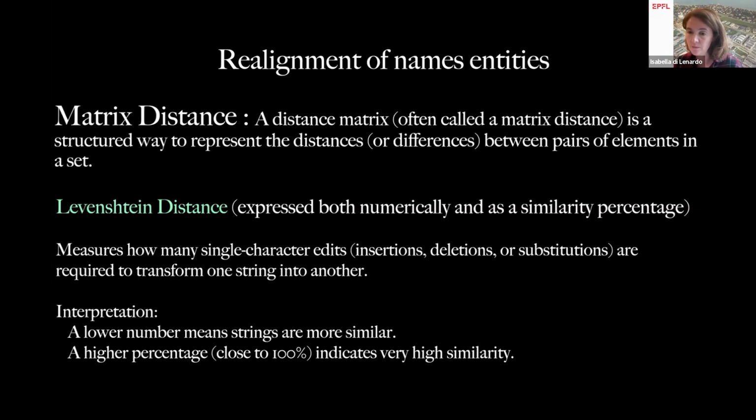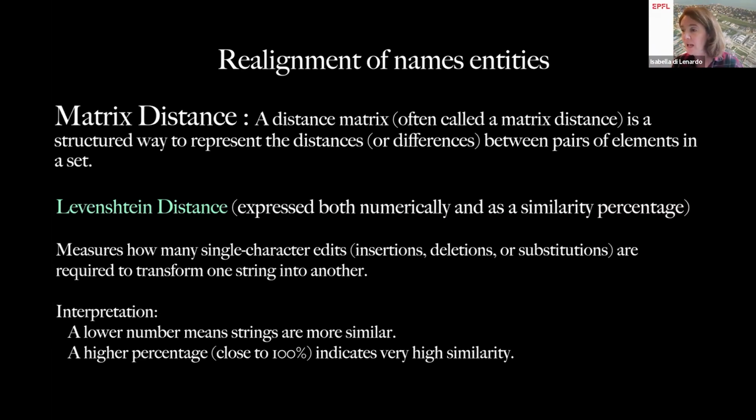That's one of the possibilities, not the main one. For us, in some cases, it is quite good, at least at the beginning, for identifying what the problems are in this realignment, what the problematic cases are in the realignment process.